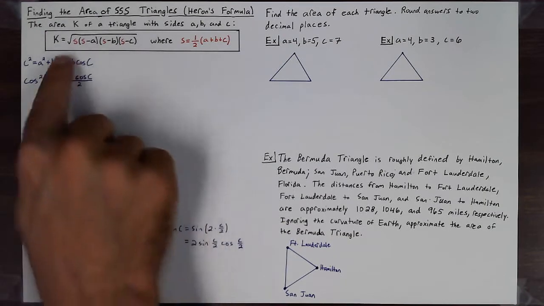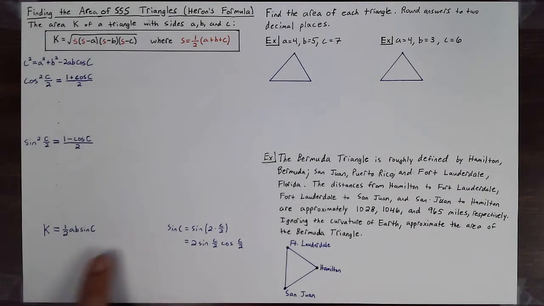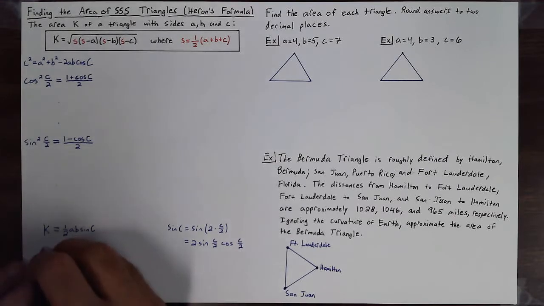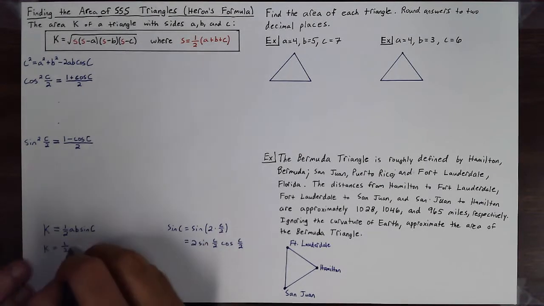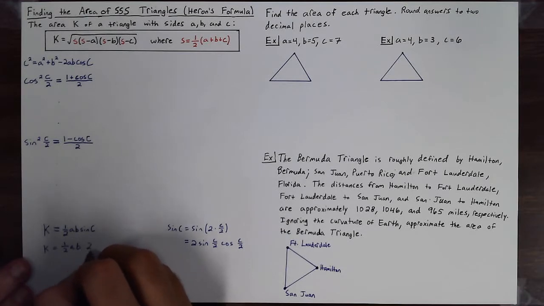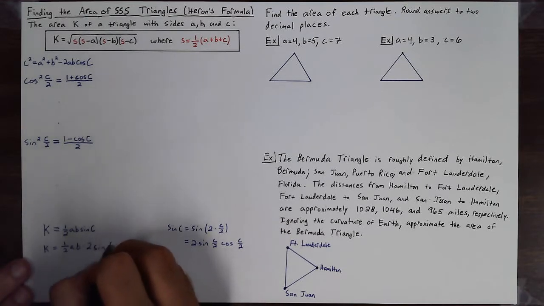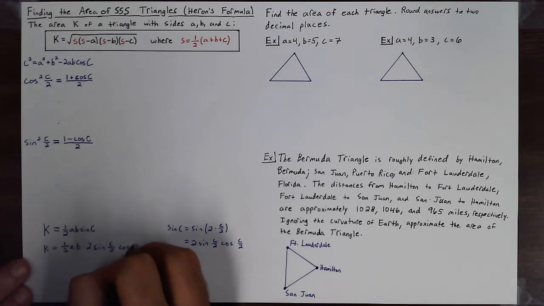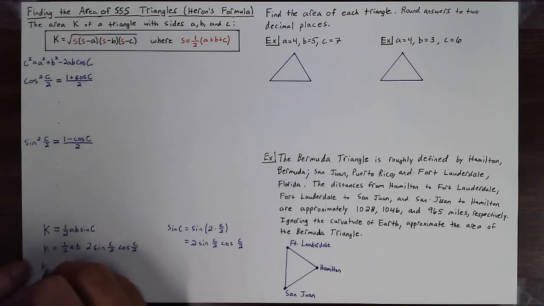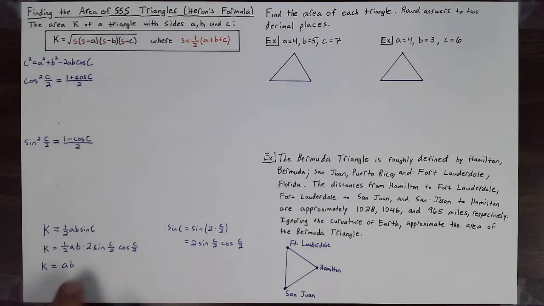So that's where it all starts, and that's our end goal, is to get to the point where we replace sine of C over 2 and cosine of C over 2 with just sides. A, B, and then times whatever I can replace here. The 2 and the 1/2 will cancel.